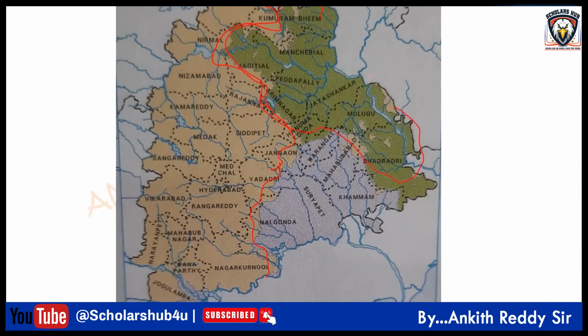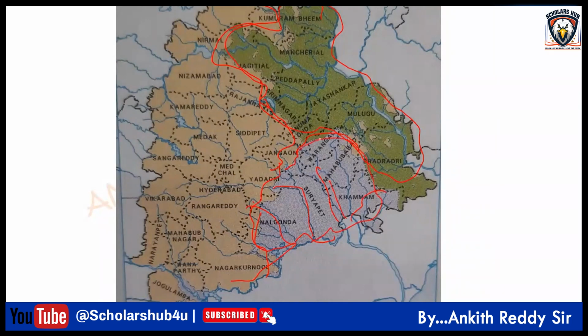Okay, and the green one is in the Godavari basin. Godavari flows through these 9 districts, so entirely it is the Godavari basin. And this one is the Krishna Piedmont region. Why is it called Krishna Piedmont? Because tributaries like Musi, Dindi and Aler are all joining Krishna in this region.